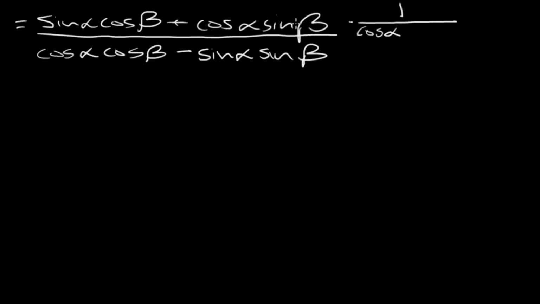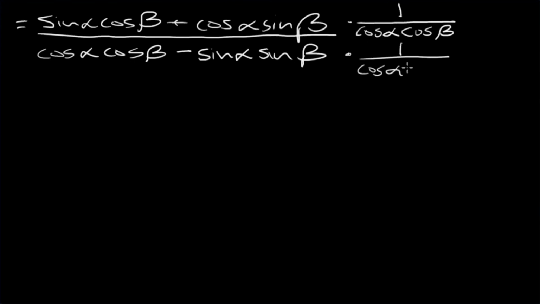And I want tangent of beta here, so I'm going to multiply by 1 over cosine of beta, because then I'd have sine of beta over cosine of beta, which is tangent of beta. But I'm choosing this multiplier very carefully. And then I have to do the same thing in the bottom, because I have to keep the expression equivalent to what it was. So whatever I do to the top, I have to do to the bottom.